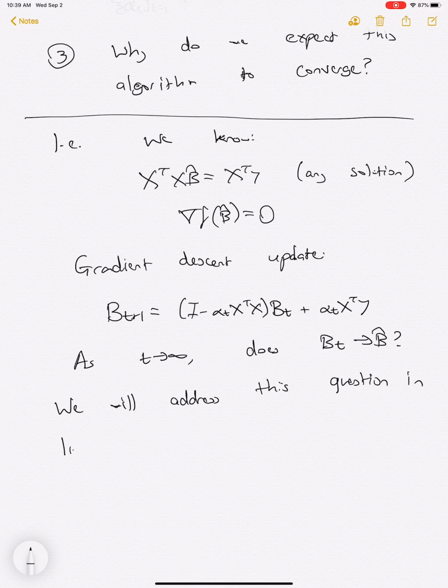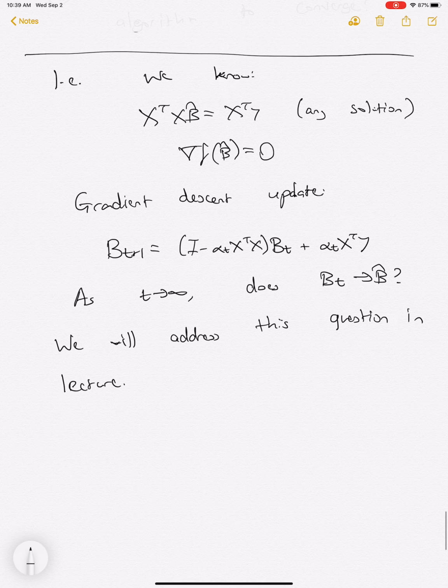I'll address this question in the next lecture, but that's something to think about. I encourage everyone to think about that question themselves before we go into it in the next lecture.